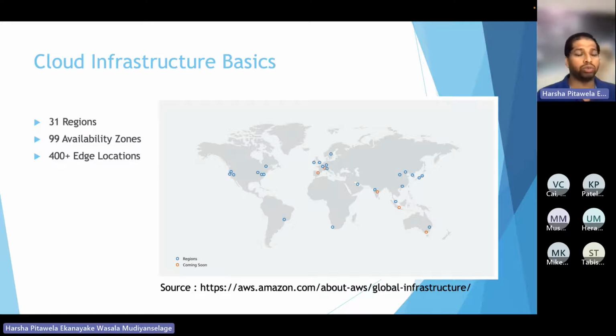Now, the US East 1 region has around 6 availability zones. So if there is an issue in one of the availability zones, it's easy to move that infrastructure from maybe the US East 1A availability zone to the US East 1B availability zone. And that is how their infrastructure is considered.